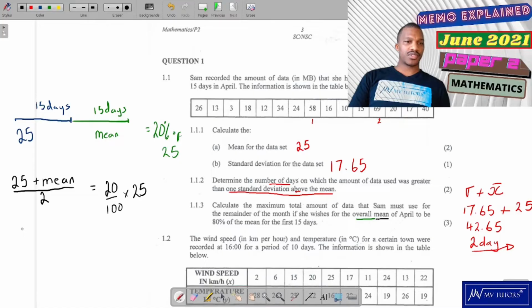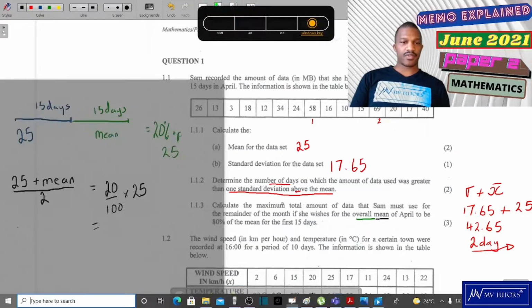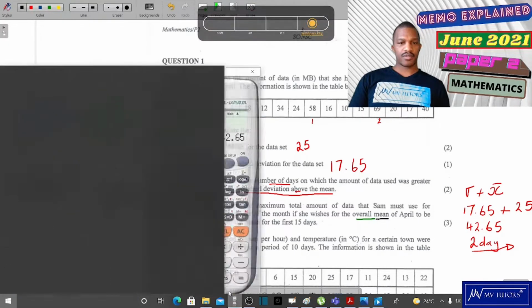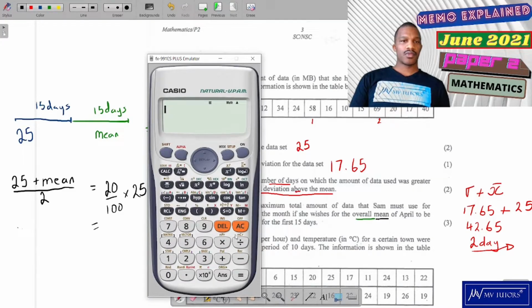Okay, so let's do this then. Let's get a calculator. So we are saying 20%, it's 20 divided by 100 times 25, which is 5.